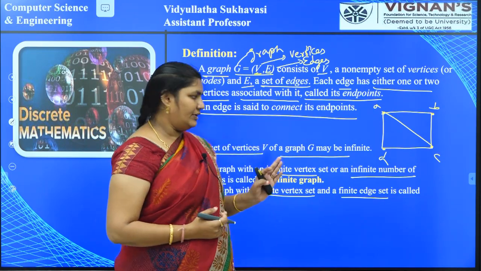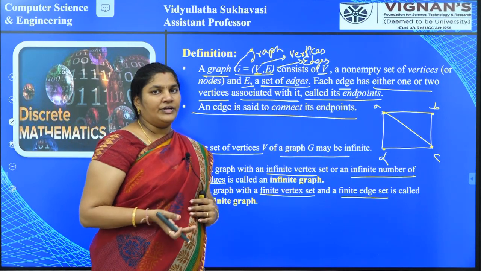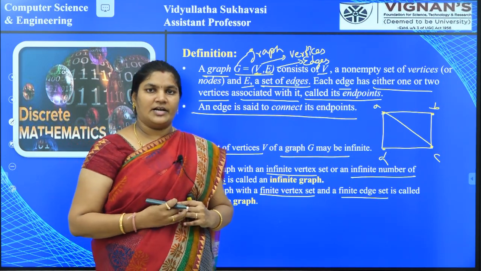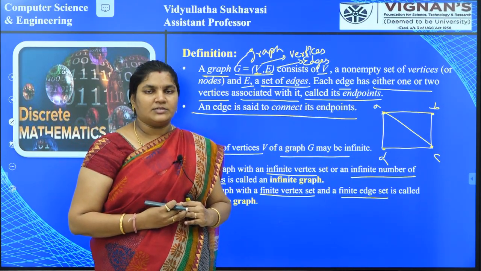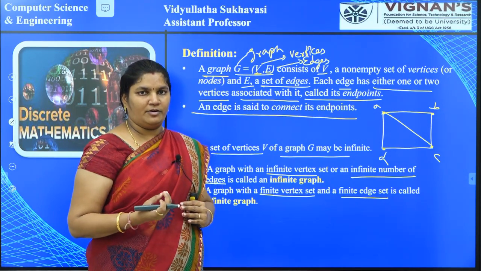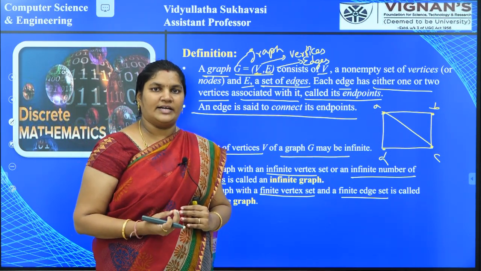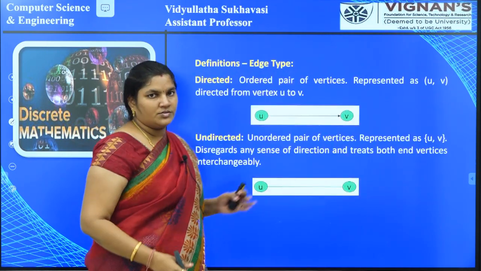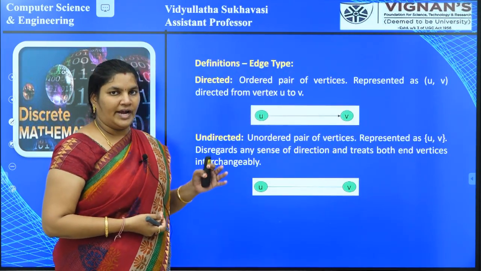But in an infinite graph, we cannot define how many vertices and edges there are. If we can define how many vertices and edges there are, we call it a finite graph.